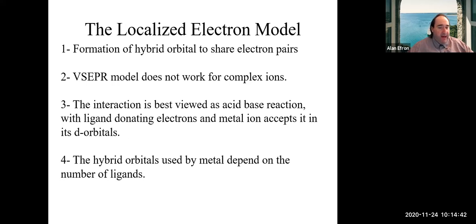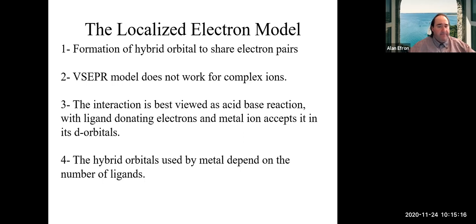So the formation of hybrid orbitals to share electron pairs, if you remember, those are things like sp, sp2, sp3, sp3d, sp3d2. Those are where atomic orbitals, which are s's, p's, d's, hybridize to form these hybrid orbitals, which create orbitals that have the same shape and the same energy, and allow for better bonding.